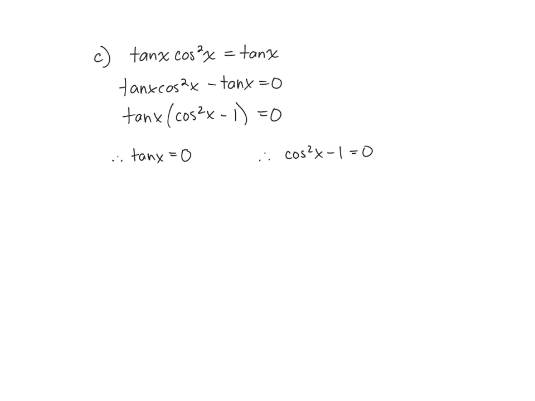So I've written it this way instead of just making it cos squared x equaling 1 for a reason. Some of you are going to look at that and go, okay, well, I can factor that. And then you're going to go and solve it from there.